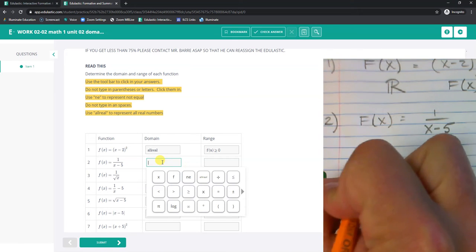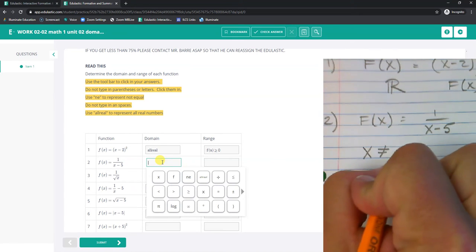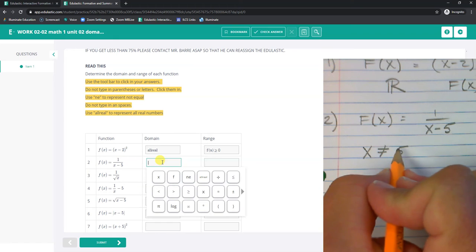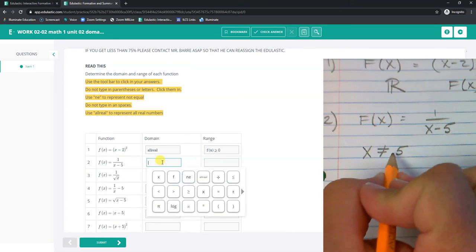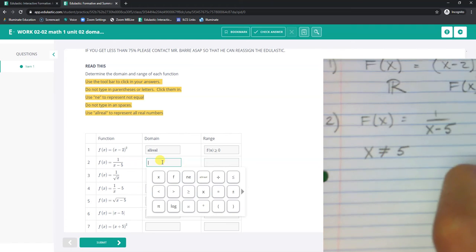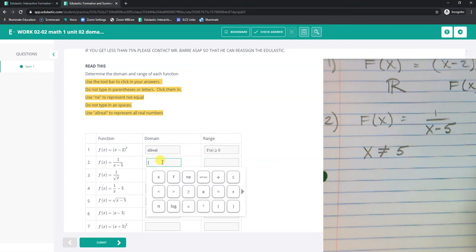So x cannot equal 5. And what can come out of this? Well, I can get everything out of it except for 0. So f of x cannot equal 0. And you're going to see here, I have NE means not equal for this.